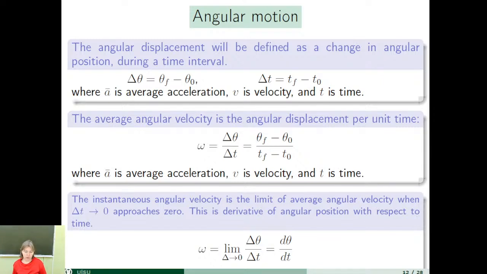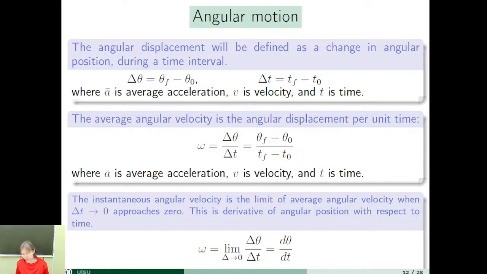Angular velocity. Angular velocity, look here, is omega. Suppose that our rotating body is at angular position theta first at time t first, and at angular position theta second at time t second.